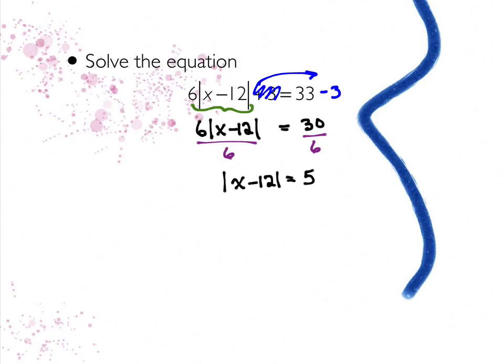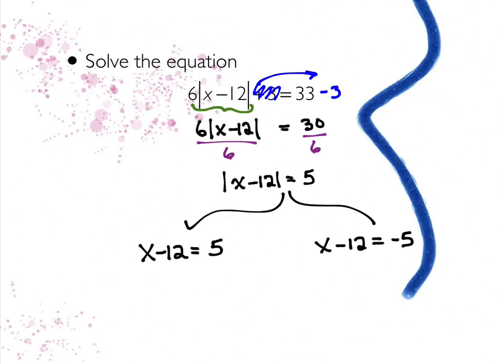So we'll split this up into two cases. X minus 12, our absolute value term, could be 5. But x minus 12 could also equal negative 5. So just a quick one step here. Add 12 over here. Get rid of that.